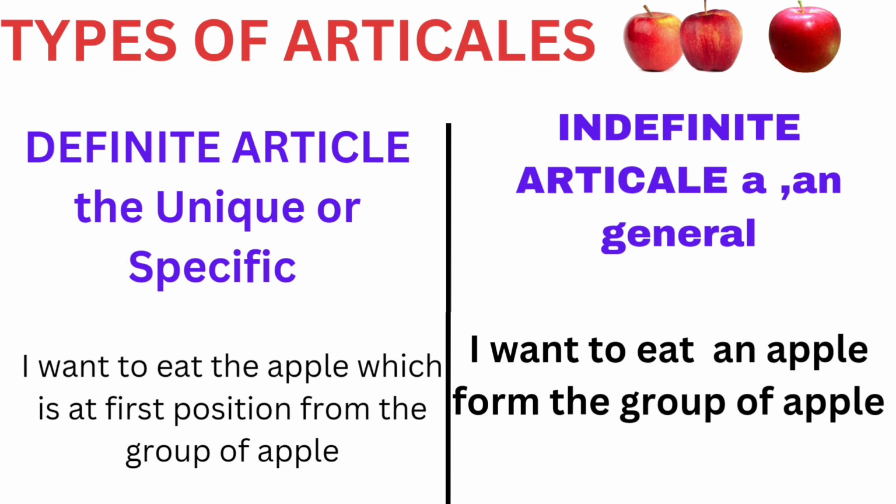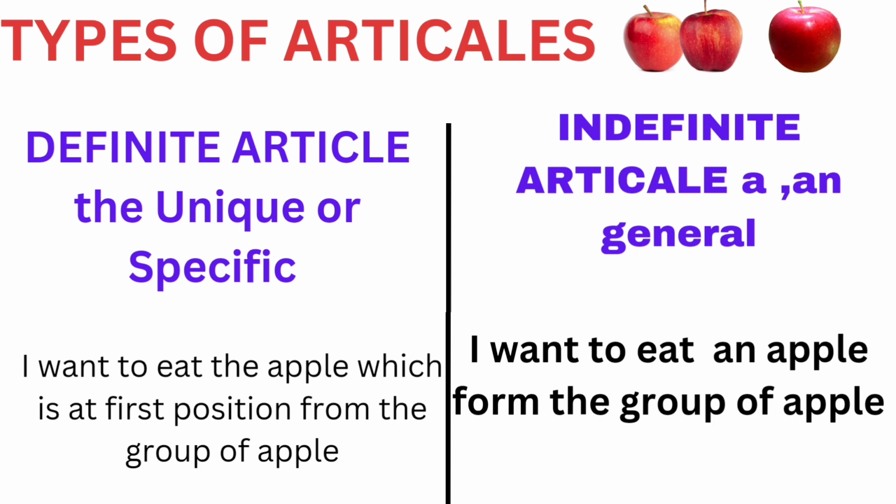Suppose there is a group of apples in front of you and you are given a choice to eat one of them. If you want to eat any one from it, what will you say? You will say, I want to eat an apple from the group of apples.